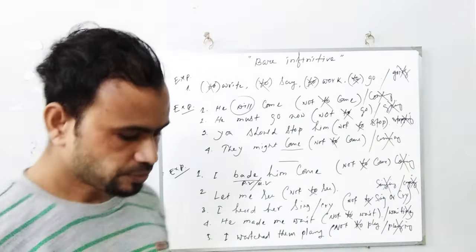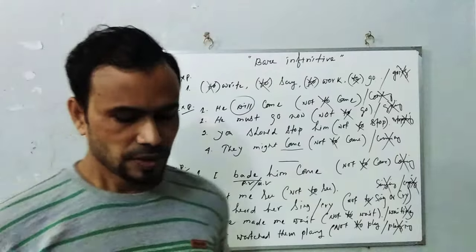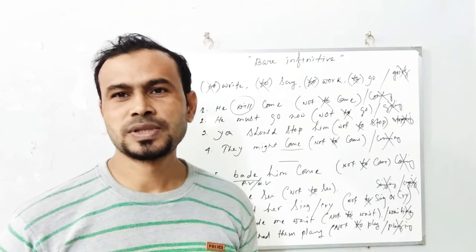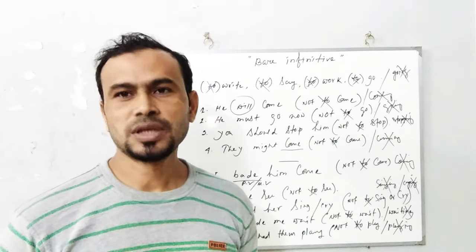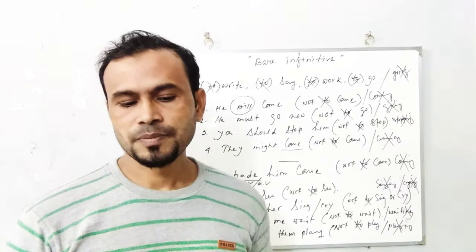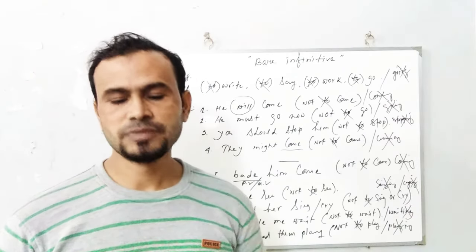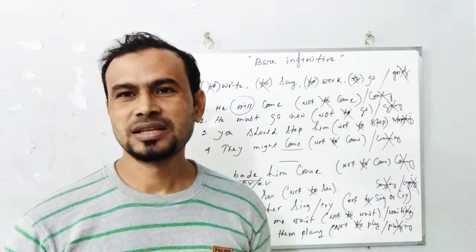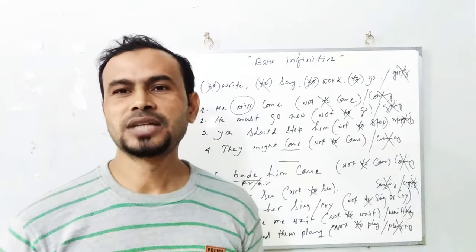So next, my friend, I'd like to say important things for you. I think you should write it down in your notebook. They are also used after certain principal verbs like bid, watch, see, let, make, help, and hear.